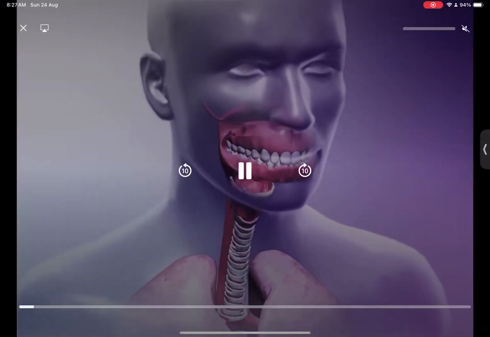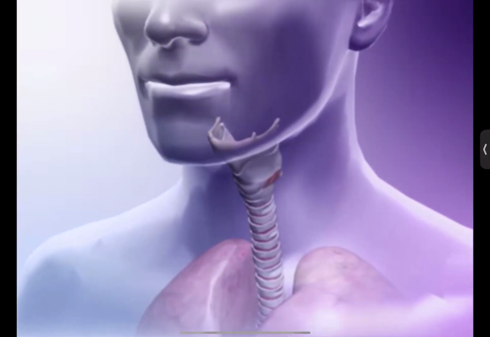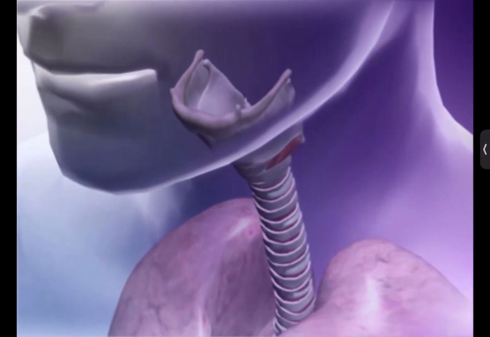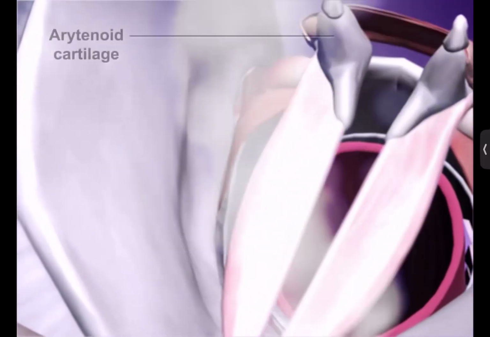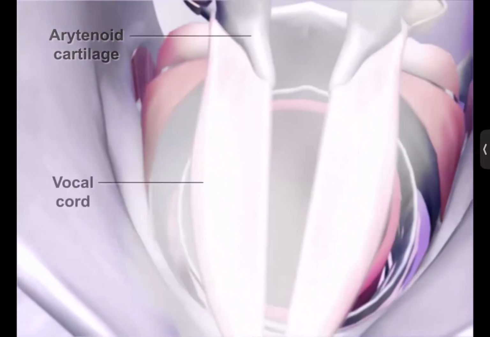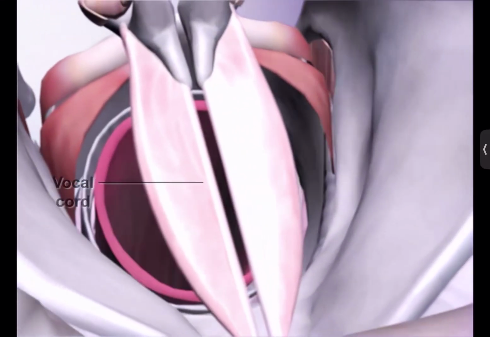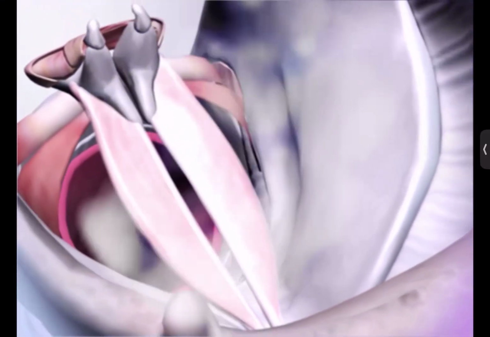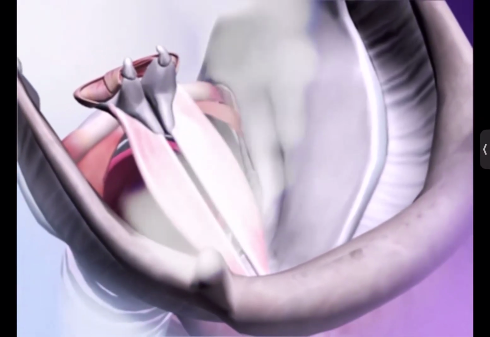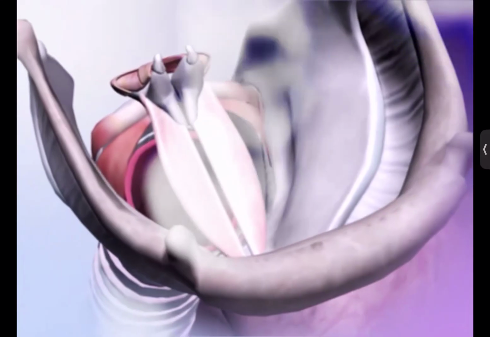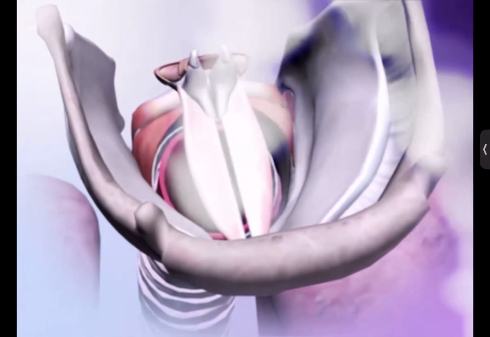Phonation is the production of sound by structures in the upper respiratory tract. During exhalation, air passes from the lungs through the larynx. You can see as the air passes from the lungs outside, the ligaments and the vocal cords move. So the vibration of these vocal cords is what produces sound. Greater tension in the vocal folds creates more rapid vibrations and higher-pitched sounds.